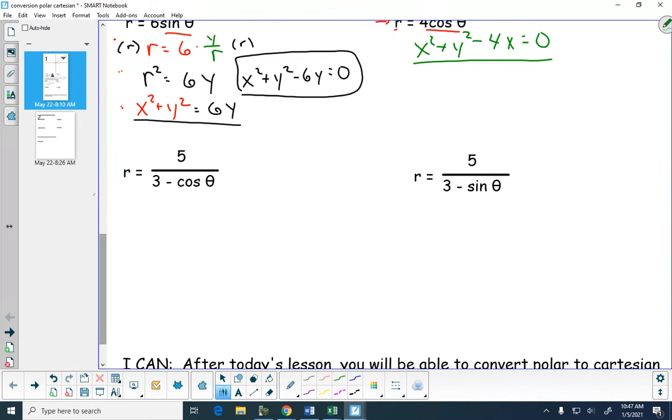Now, if we take a look, we have a fraction here. Once again, when we have fractions, they get a little ugly. So let's use our properties of equations and clear the fraction out. Let's multiply both sides by our denominator, 3 minus cosine of theta.